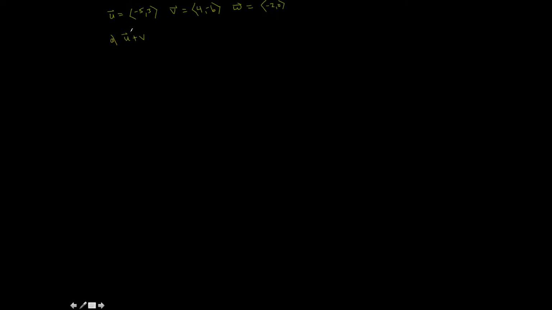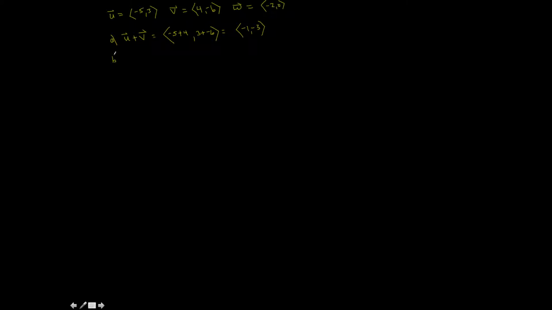Let's find vector u plus vector v. Well, that is going to simply be negative 5 plus 4 and 3 plus negative 6, which is going to be negative 1, negative 3.